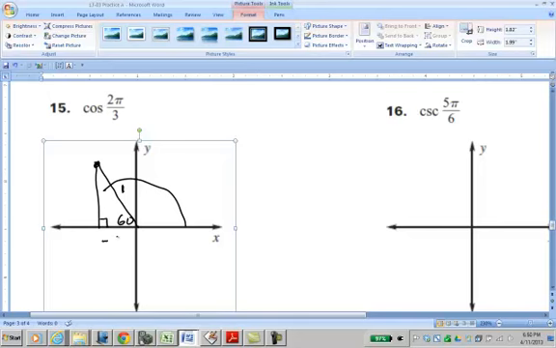So the x measurement is negative 1/2. That's the adjacent side. The opposite side from the reference angle is positive square root of 3 over 2. So the cosine of 2/3 pi equals negative 1/2.